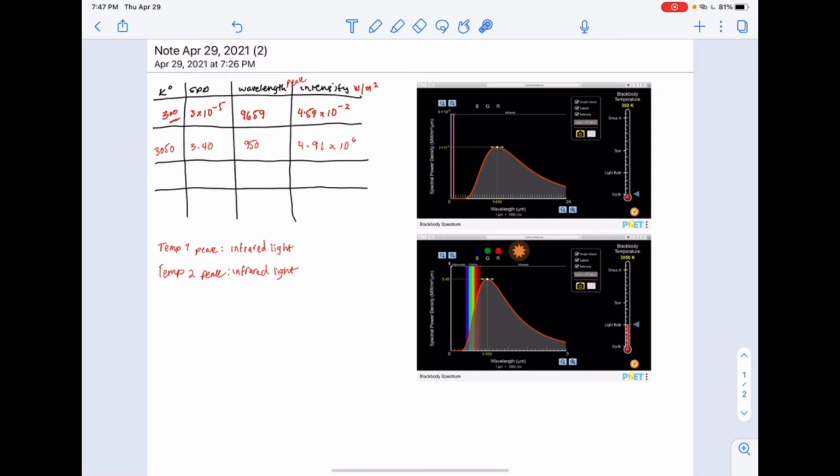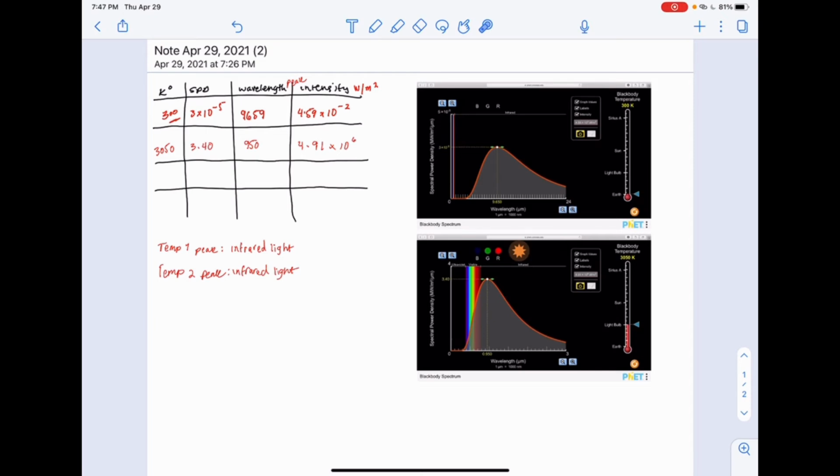the spectrum. The second temperature that we're looking at is at 3000 Kelvin, and the spectral power density for that is 3.40, and its wavelength is about 950.